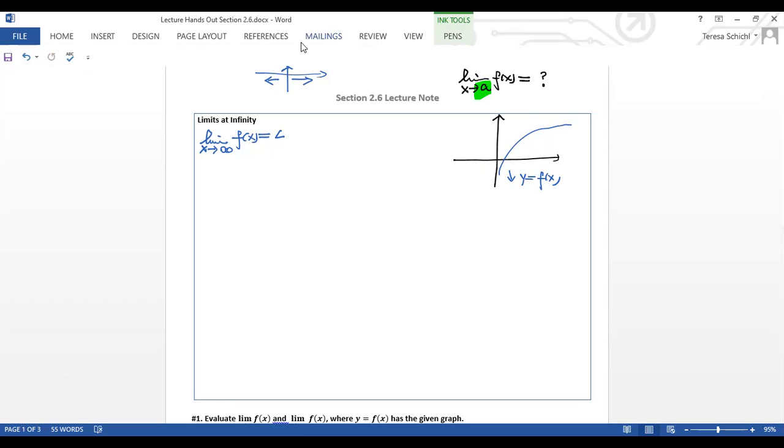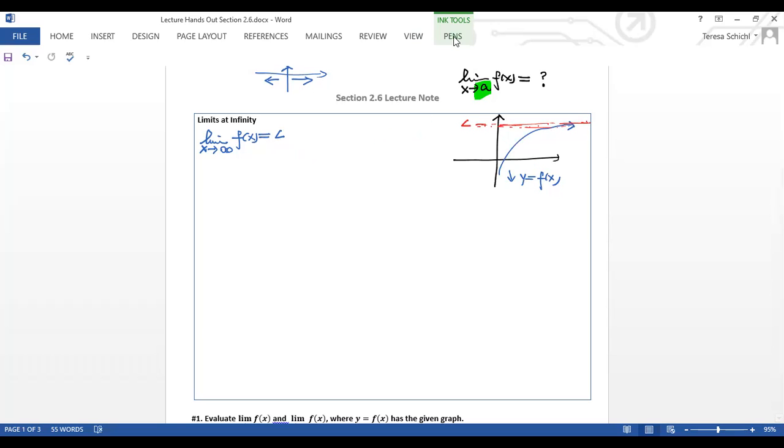Now you see when x goes to infinity, this curve is getting closer and closer to this line. This line is at the value of L, but the curve will never touch this line. That's why we say this is the limit at infinity, when x goes to infinity here.